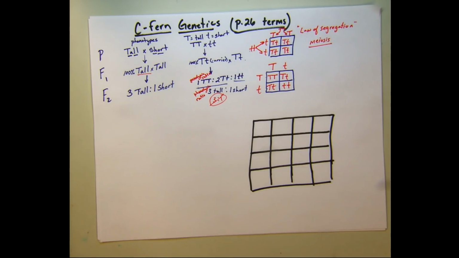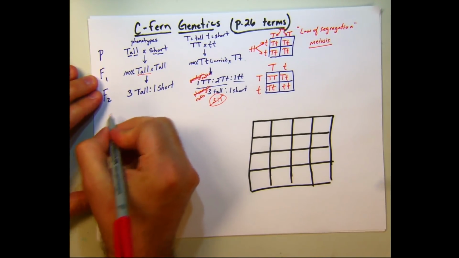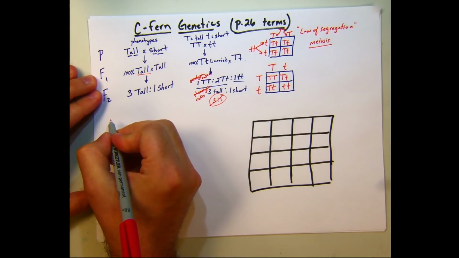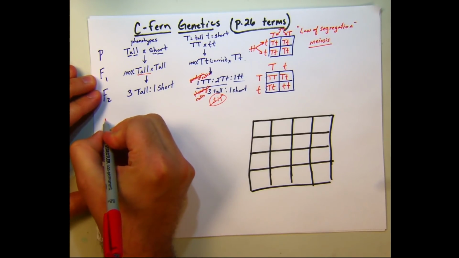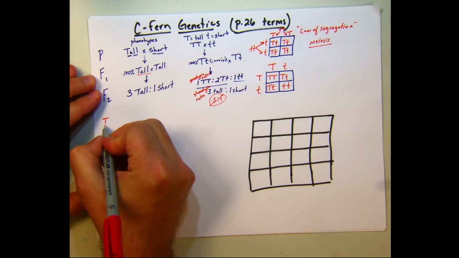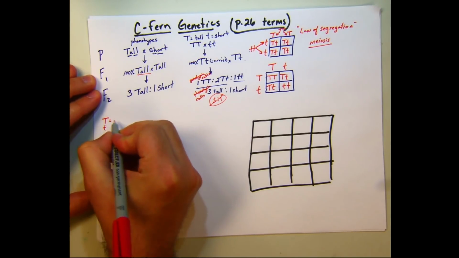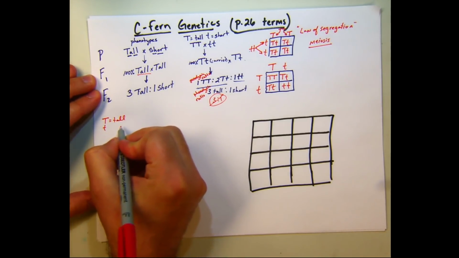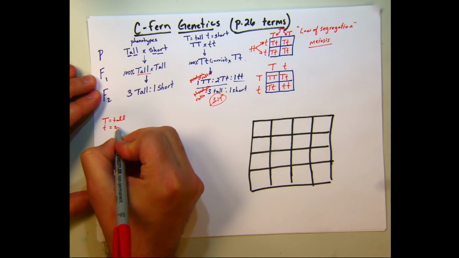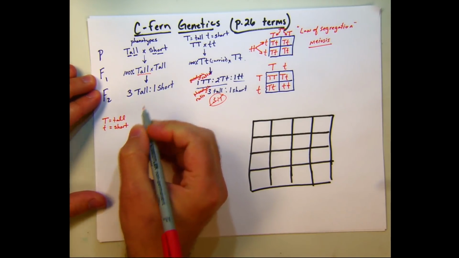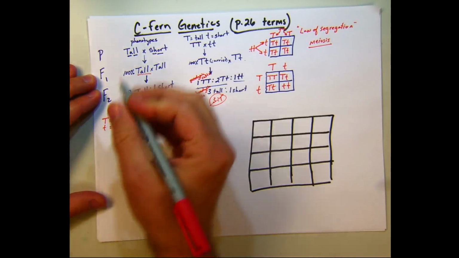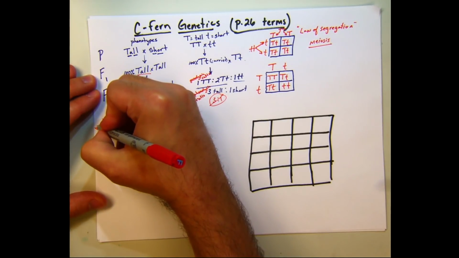Let's use height and pea color. We've got a big T and a little t, which is for the tall, just as we've seen before. Little t is the allele for the short plant. So that's your height.